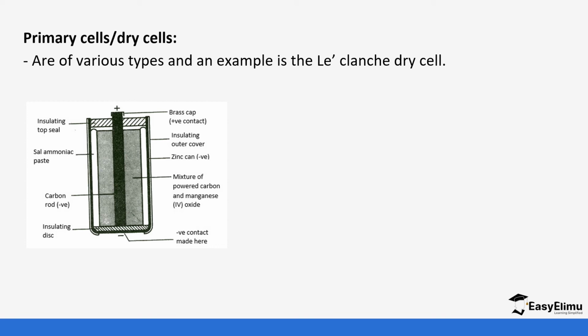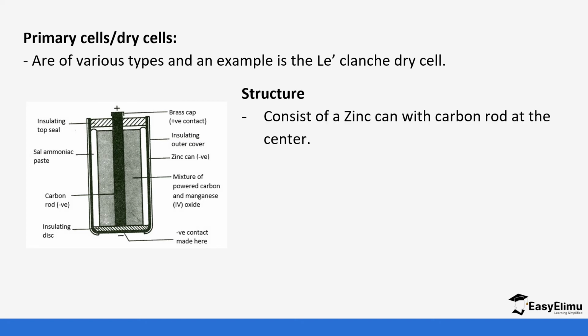As you can see on the dry cell, the structure consists of a zinc can with a carbon rod at the center. It's important for you to see each and every structure because you can be asked to explain, for example, where the anode and the cathode are. Just being able to see how it's structured will give a better view of that.